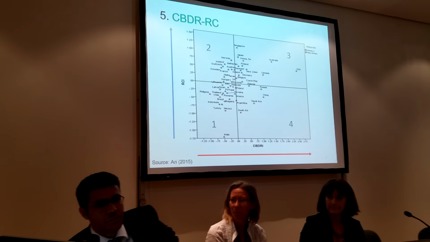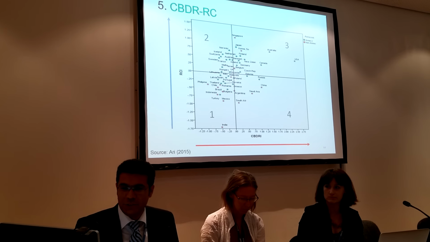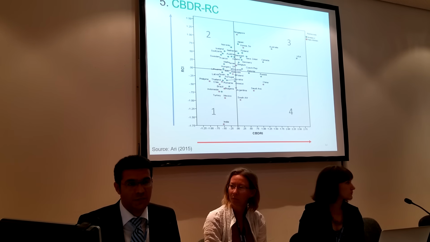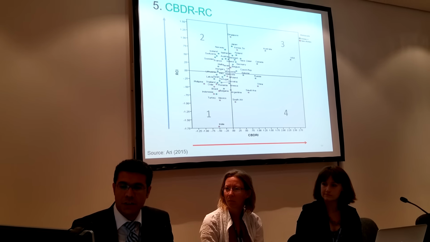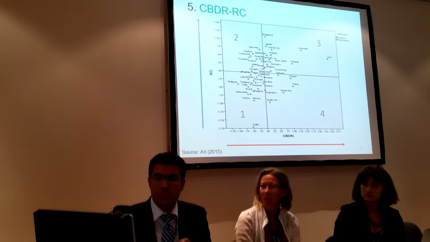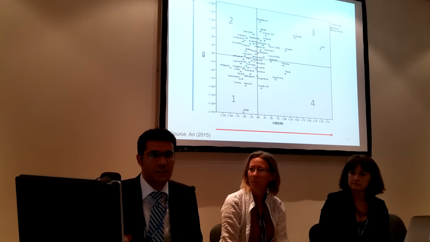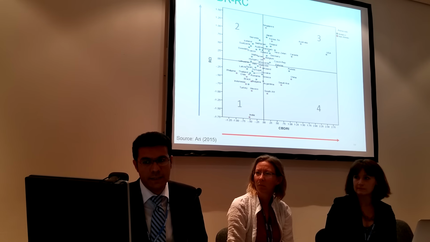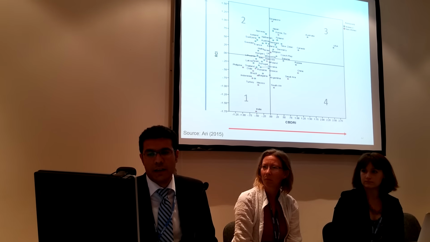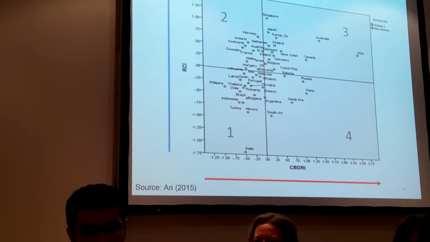In this graph, I want to share the four regions of respective capabilities and CBDR. As you see, there are four regions, and they have different capability and responsibility levels. In the first region, these countries have less responsibility but high capabilities, and the second region, countries have the high capabilities but less responsibilities.